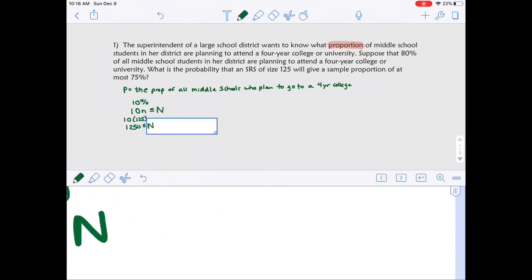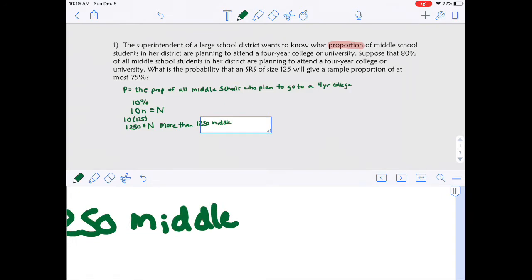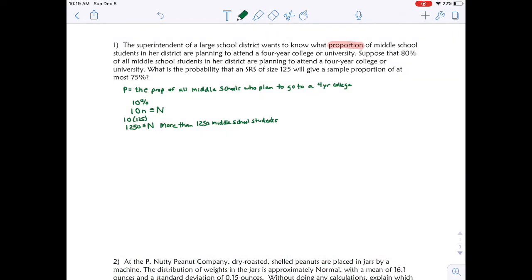And if we think about it, there definitely are more than 1,250 middle schoolers, especially in a large school district.